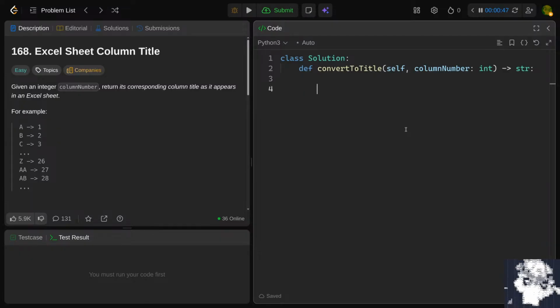So what I want to do is while column number, take this mod 26. So we get to do our div mod thing here. So div mod of column number and 26. You get the result and the remainder.